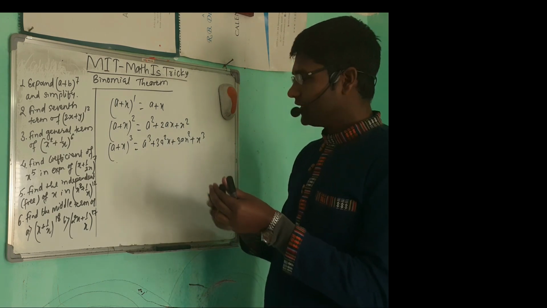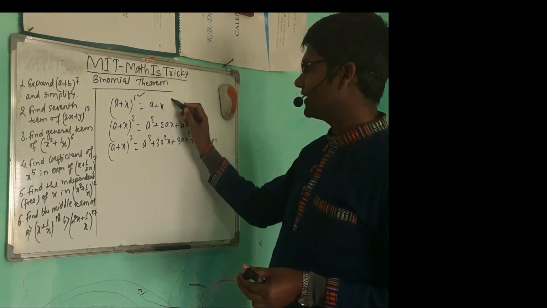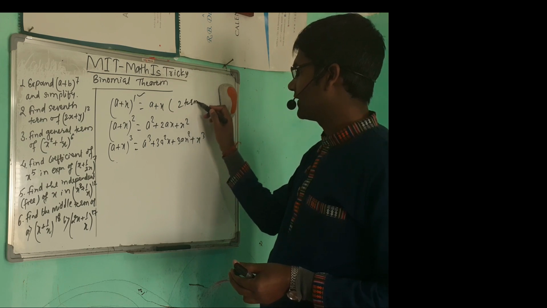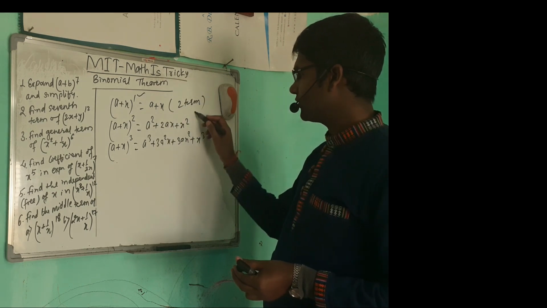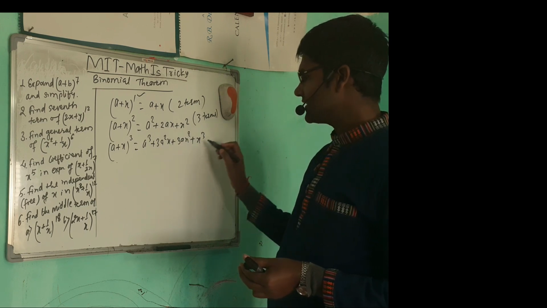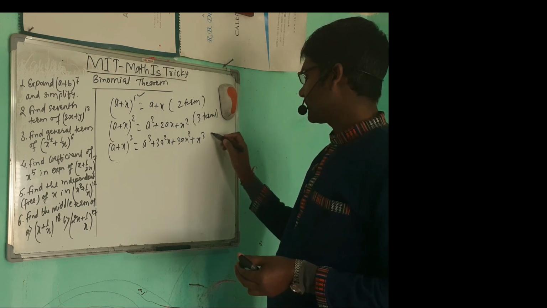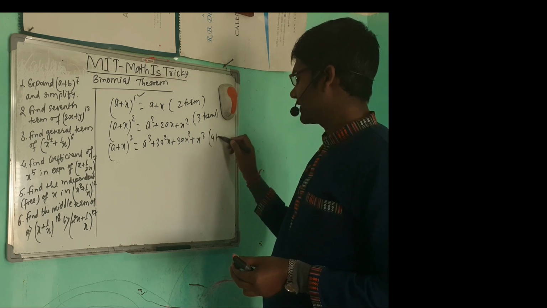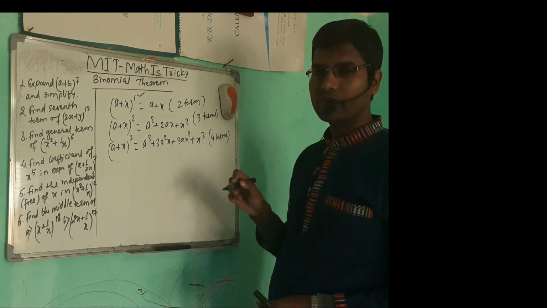First, see here, if the power is 1, we are getting 2 terms. If the power is 2, we are getting 3 terms. If the power is 3, we are getting 4 terms. Please note down, this is a very important point.